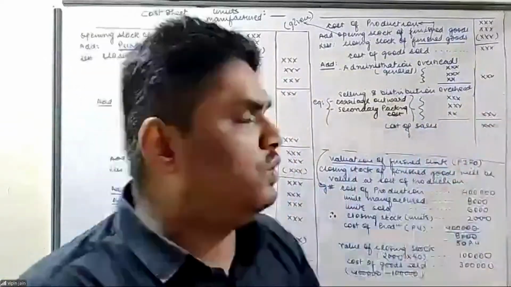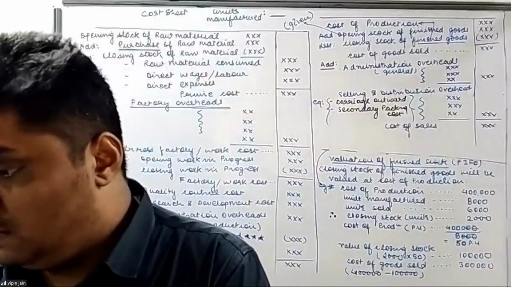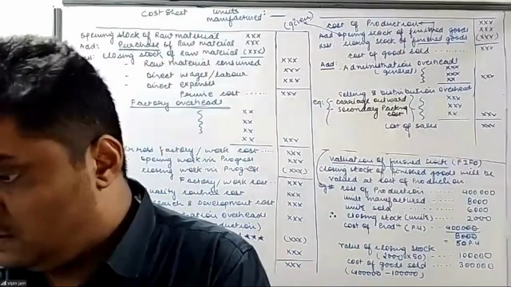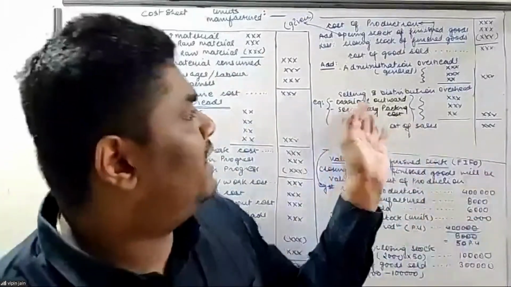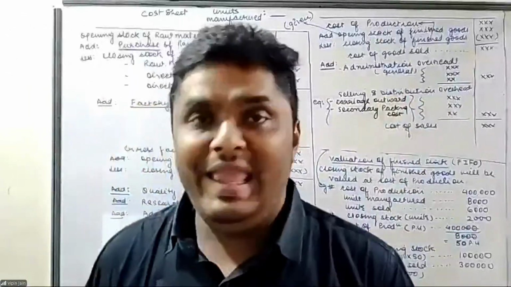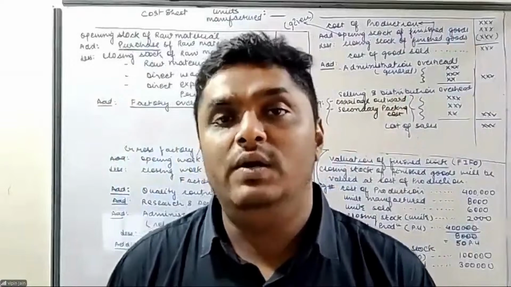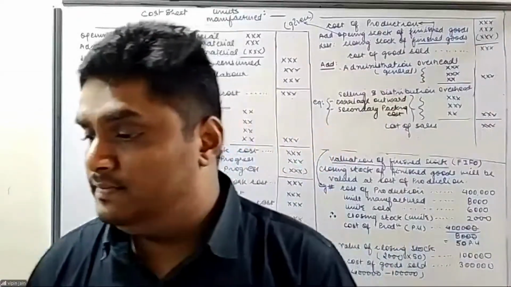We will calculate the total, and this is how we will calculate cost of sales. Carriage outward will form part of selling and distribution overheads, my dear. Carriage inward is added to the cost of purchase, and carriage outward will go in selling and distribution.